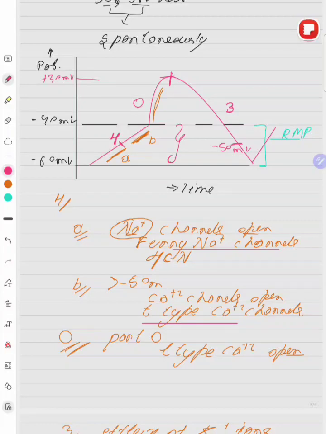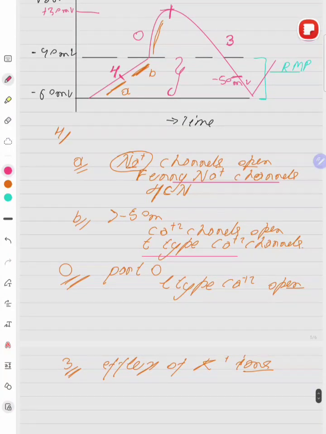And when the potential again reaches minus 50 millivolts, again the potassium channels start closing up. Therefore, again the potential of the cell has reached the previous region, which is between minus 40 and minus 60 millivolts.